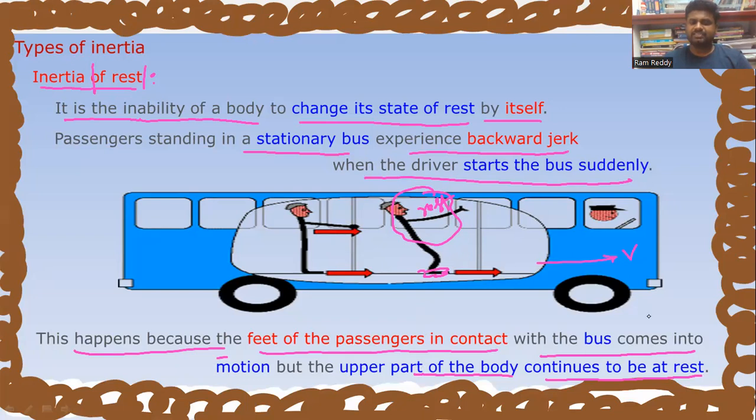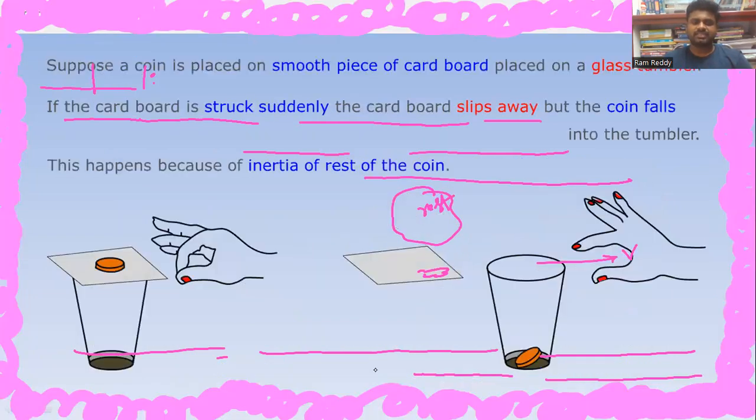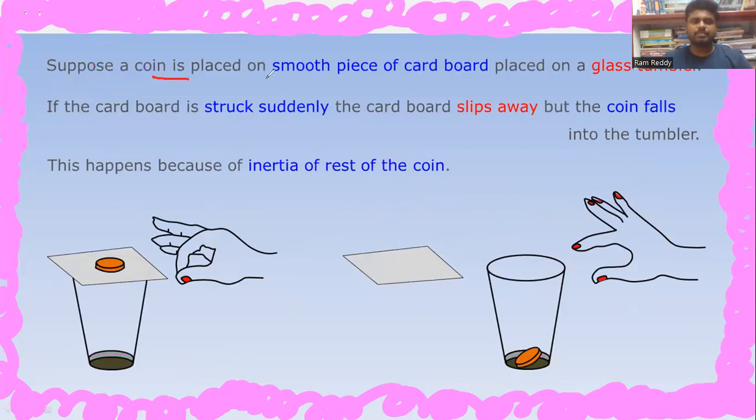Then another example for inertia of rest: suppose a coin is placed on a smooth piece of cardboard placed on a glass tumbler. If the cardboard is struck suddenly, that is, if we apply some external force on this cardboard, on which we placed a coin.